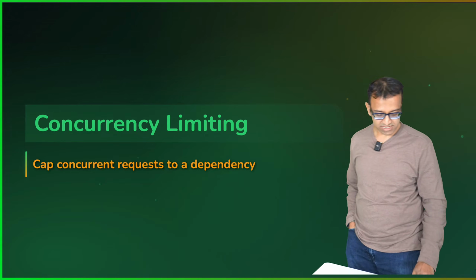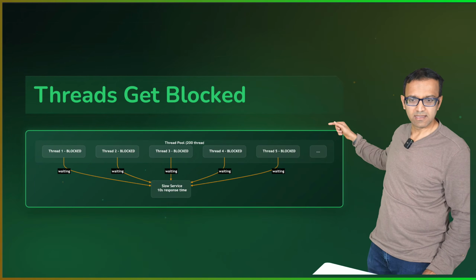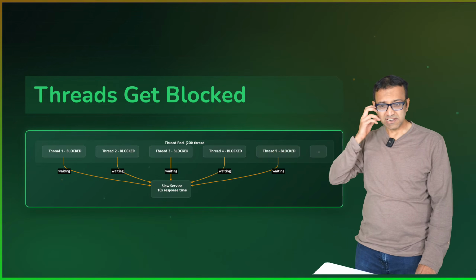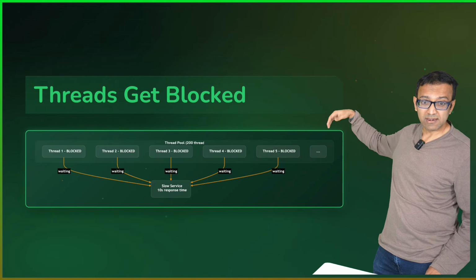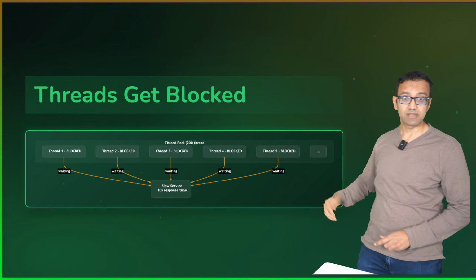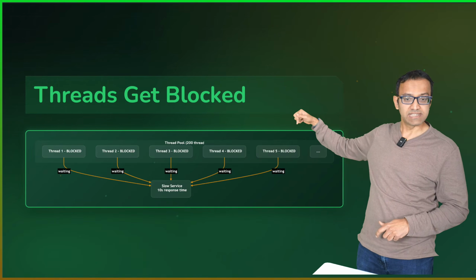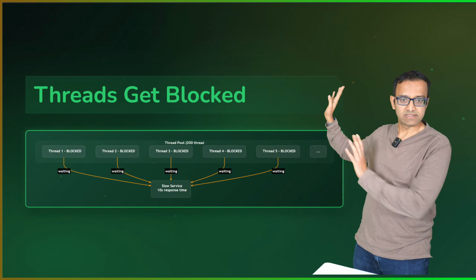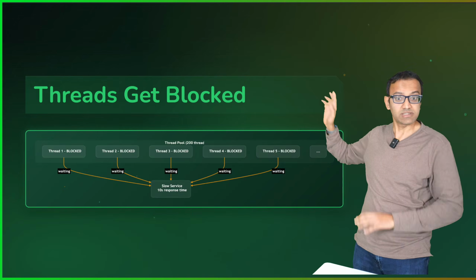Imagine a recommendation engine which is sometimes slow. I just don't want to keep taking requests and waiting for it. I'm going to allow 10 threads to go to the recommendation engine, max at any point of time. The 11th thread that comes in, I'm going to say, nope, I'm not doing any more. It's already overloaded. You immediately get an error or something.